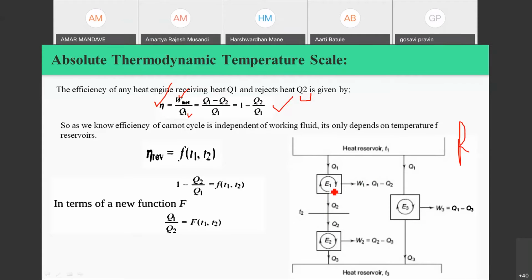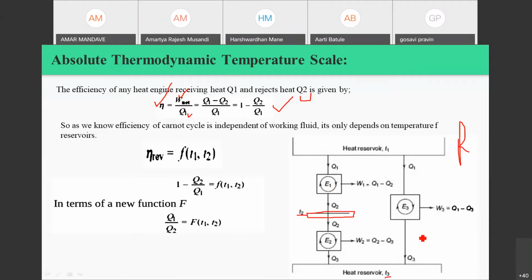Now consider there are three engines E1, E2, and E3. E1 works between the reservoirs having temperatures T1 and T2. This is the middle level reservoir, and the second engine works between reservoir 2 and reservoir 3, having temperatures T2 and T3.